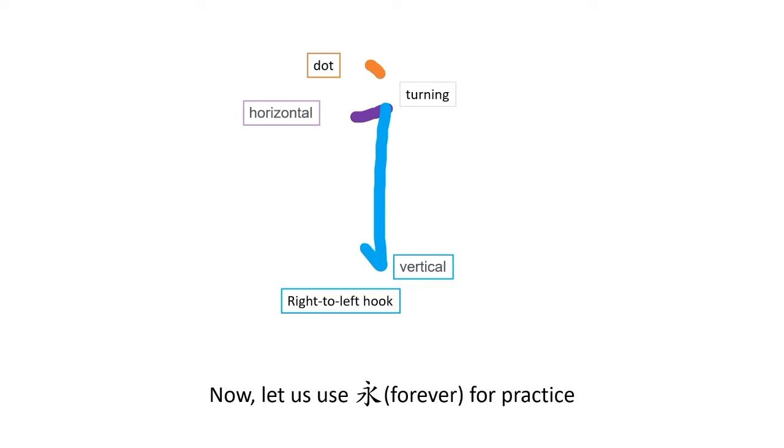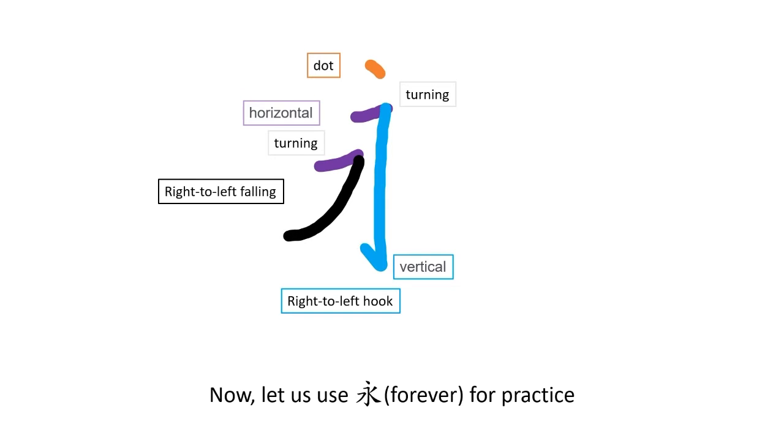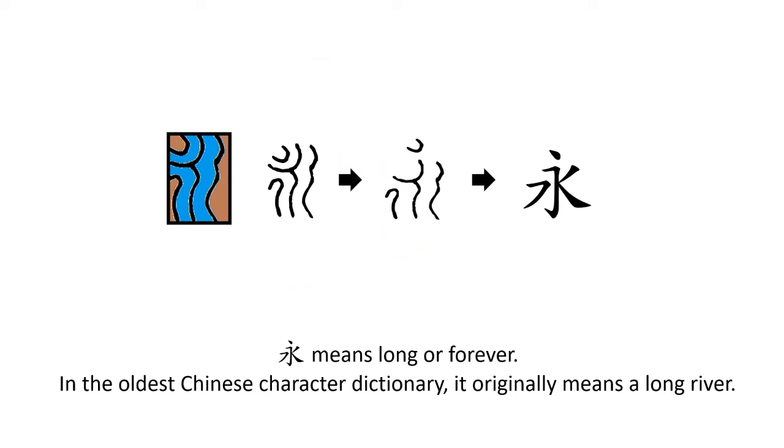Hook up the end. Then another horizontal line, turning 45 degrees falling to the right. And another falling from top right, meeting the vertical line, and to another falling to the bottom right. Done! Yong means long or forever.